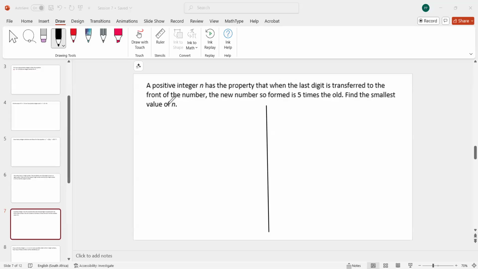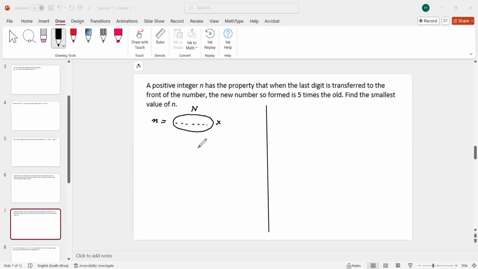Okay, so what we have here is n equals, let's just put something, something, something, something. And the last digit, let's call it x. I'm interested in that last digit. Why not give a name to this one here? Let's call this capital N. Right?